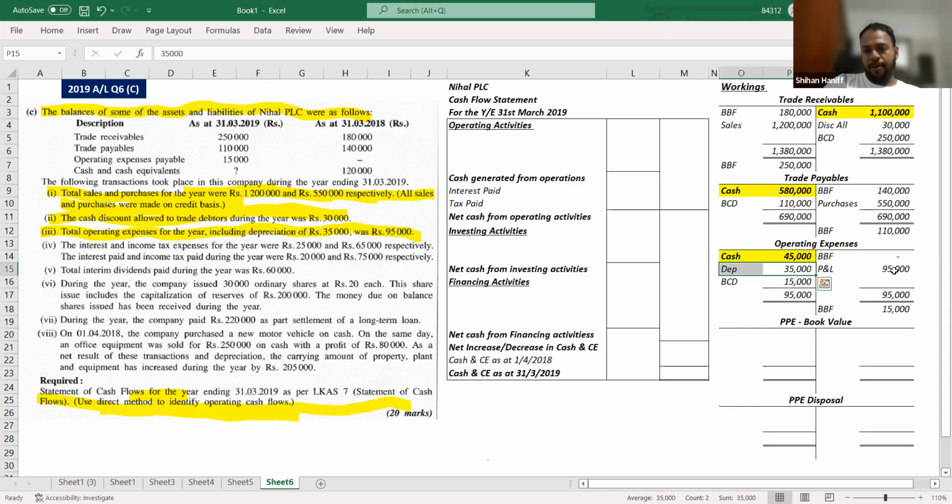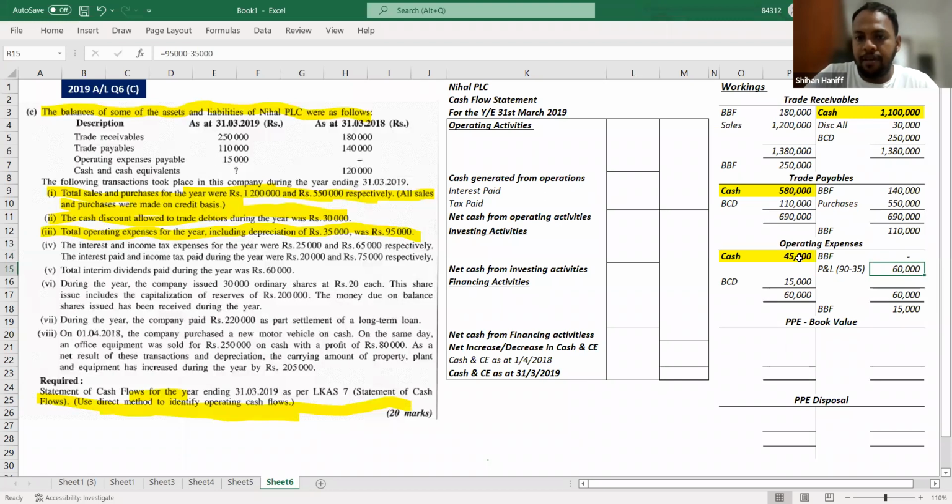If you want, you can have 95 here and 35 here, or else what we can do is, without taking the depreciation here, only the operating expenses you can take. This means 95 minus 35 without the depreciation. So you get the same answer.